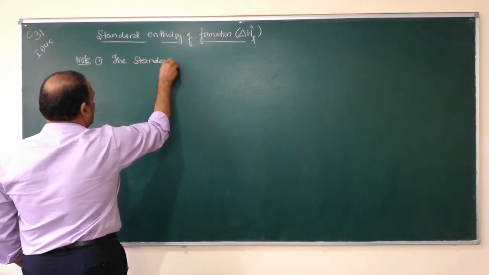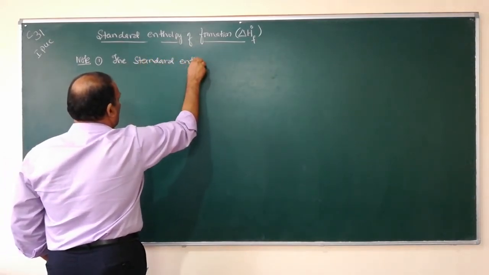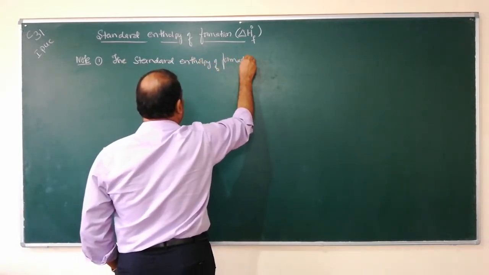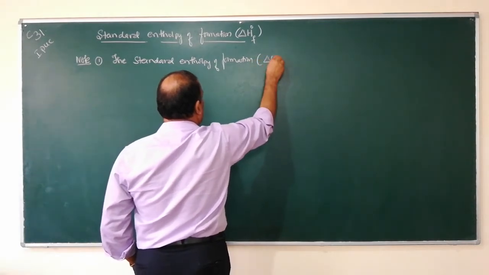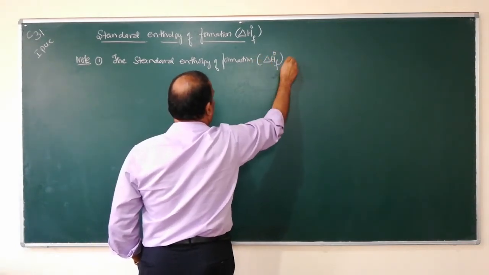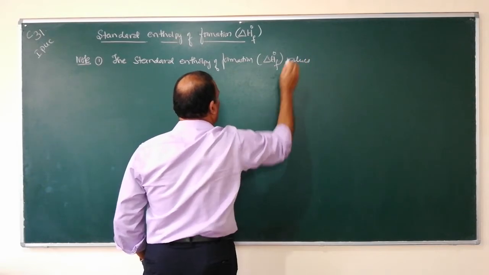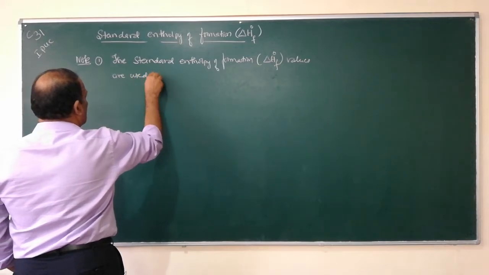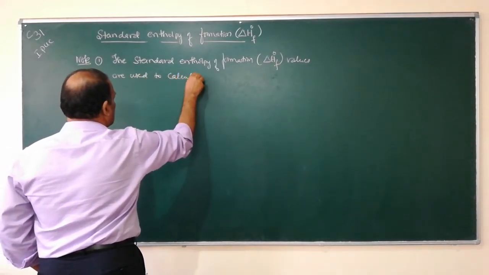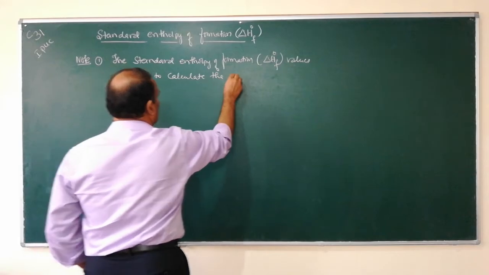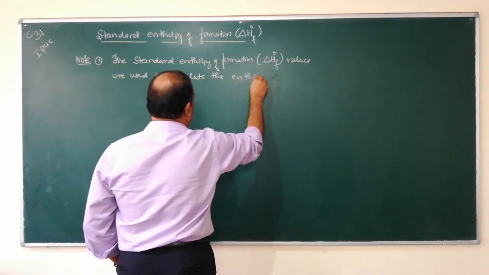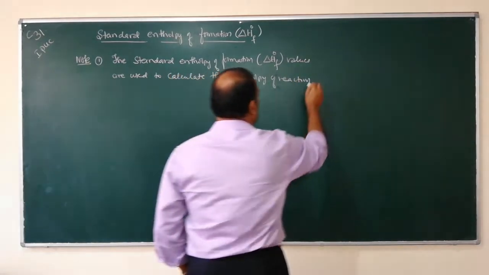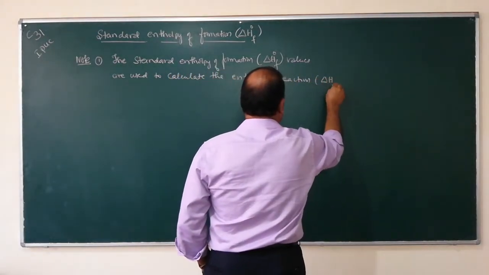The standard enthalpy of formation, that is delta HF naught values, are used to calculate the enthalpy of reaction, that is delta HR.